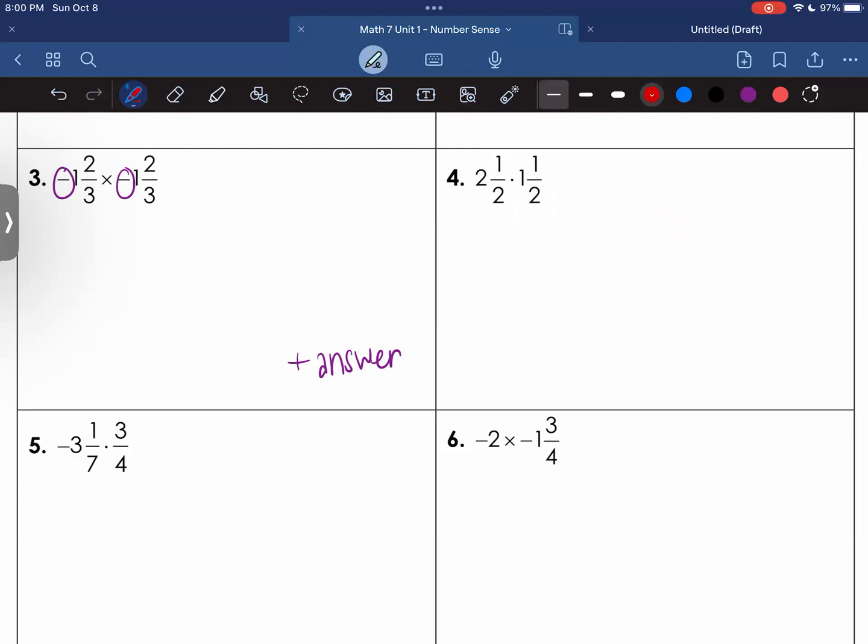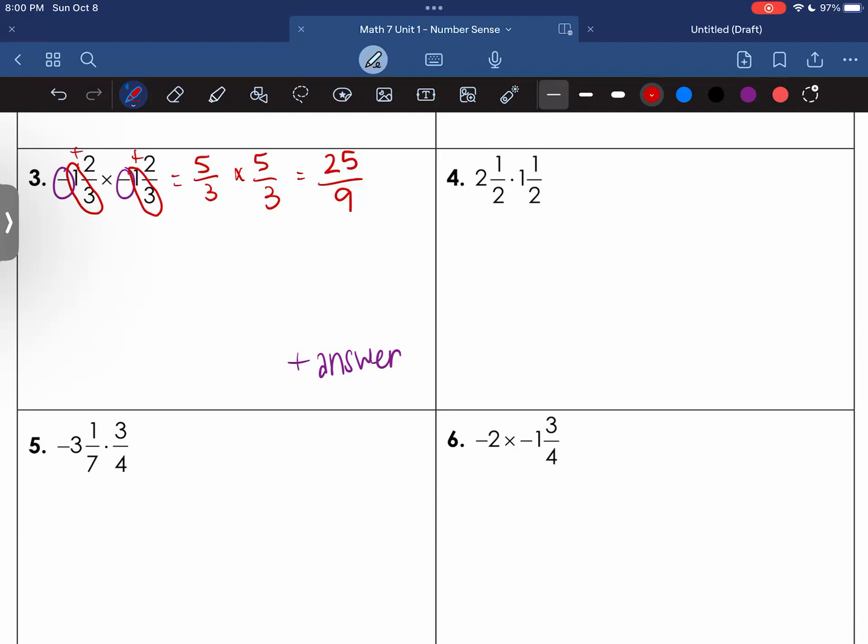Again, turn both of these to improper fractions. 1 times 3 plus 2, we get 5 over 3. 1 times 3 plus 2, we get 5 over 3. We can't do any simplifying before multiplying, so we can just go ahead and solve. 5 times 5 equals 25, and 3 times 3 equals 9.